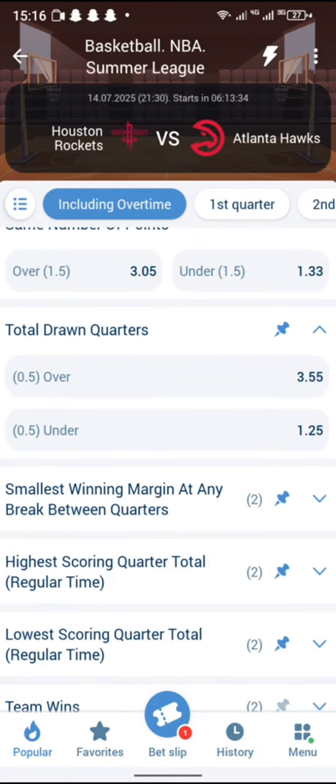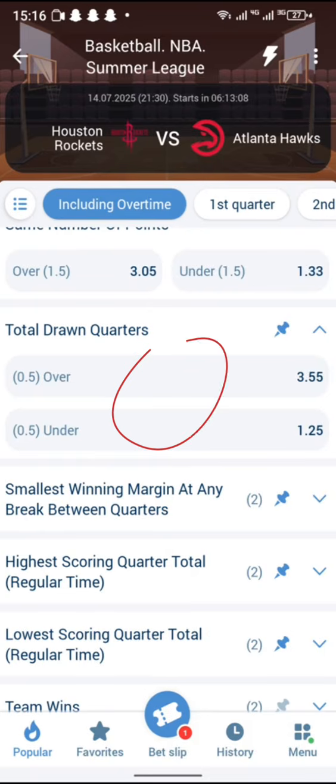We have another one which is total drawn quarters. Now total drawn quarters, like bro, all these options are really, really profitable if you are really understanding what I'm explaining. So total drawn quarters simply means that there might either be a drawn quarter or not, depending on if you choose over 0.5 or under 0.5.